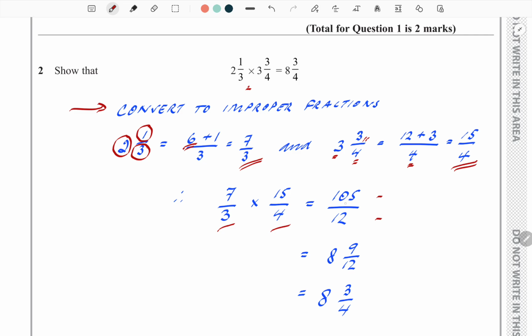And now you need to turn it back into mixed numbers. So 12 into 105 goes 8 times. 8 12s, 96, etc. And you're left with a remainder of 9 over the 12. And the 9 12s, you just simplify down to 8 3/4, as shown in the question.